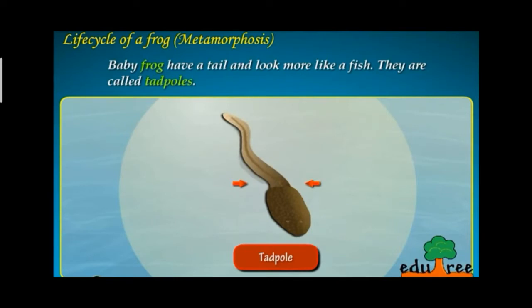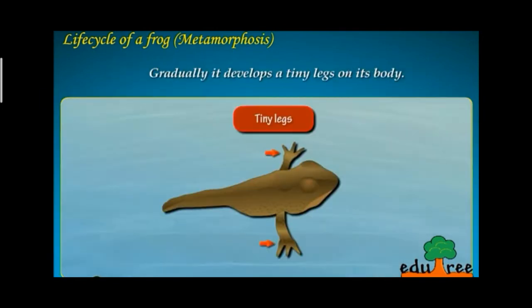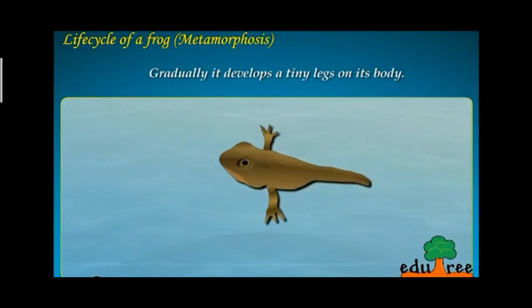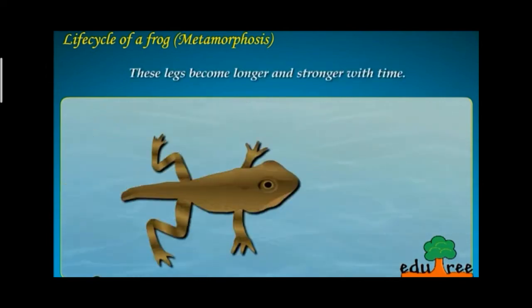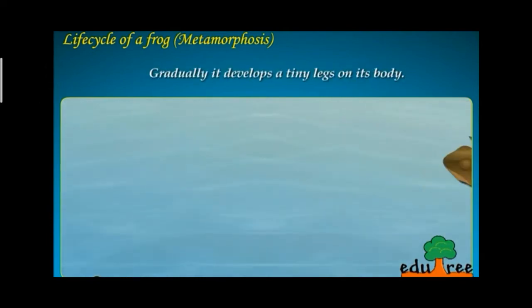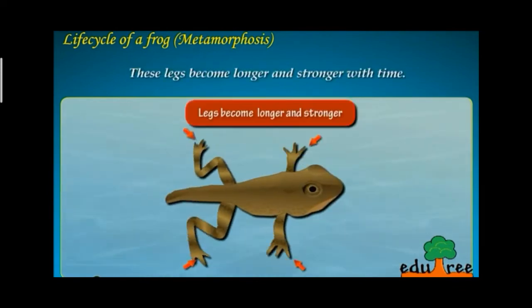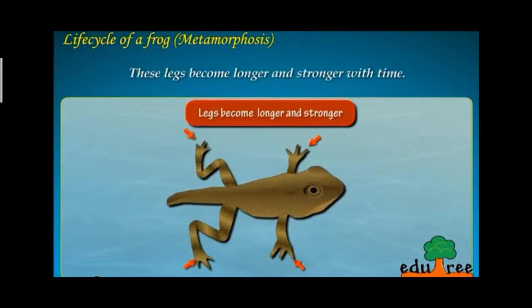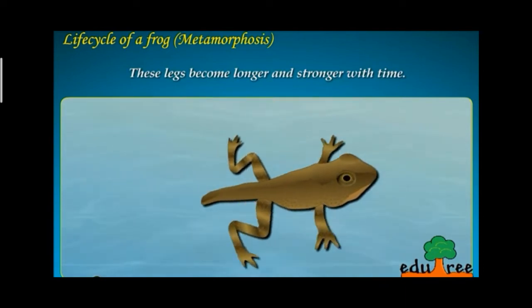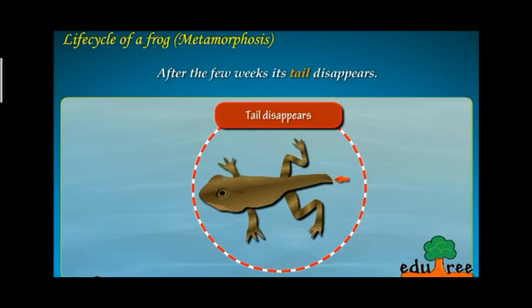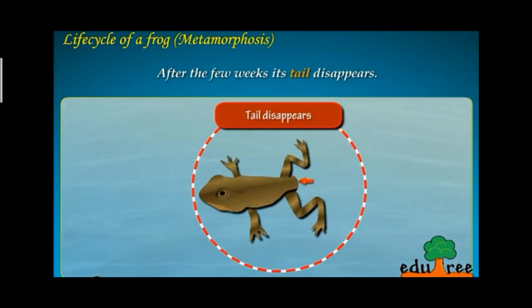Look at this tadpole. They have a tail. Gradually, it develops tiny legs on its body. These legs become longer and stronger with time. After a few weeks, its tail disappears.